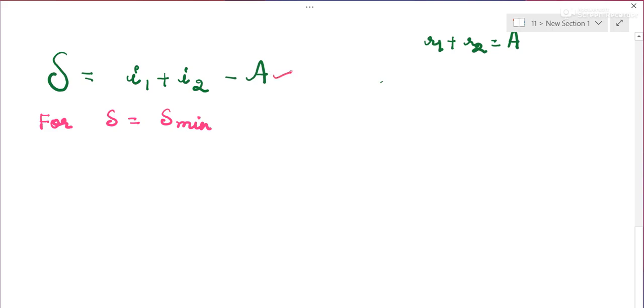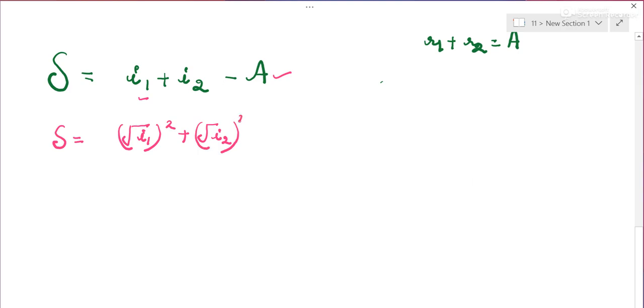Let us write it further, then we will see. So we are just writing it. I am writing I1 as root I1 square and I2 as root I2 square. Root and square will cancel, so it will again be I1 and I2. So no problem. So we have written it like this.